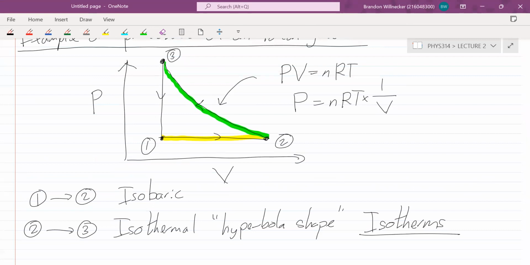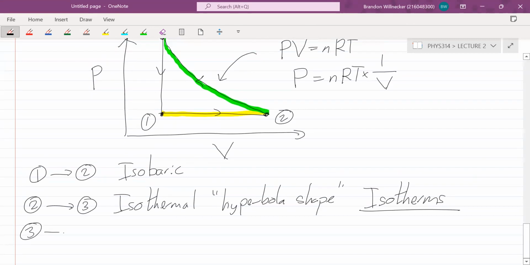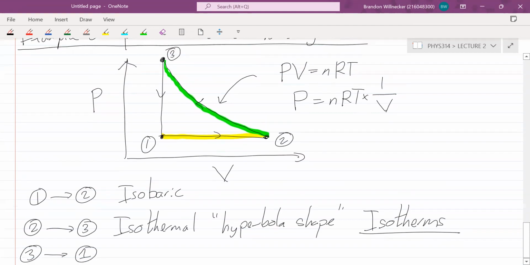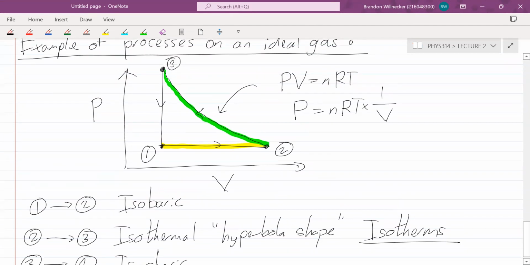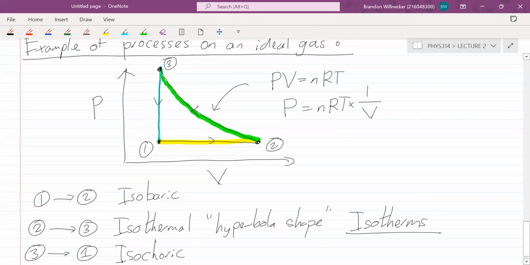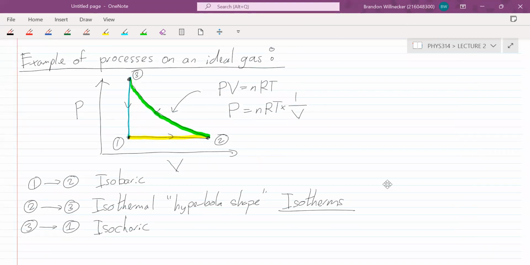And lastly, 3 down to 1. We see that volume is constant, so that's going to be isochoric. So that is from 3 down to 1. That's a little summary of labeling the different thermodynamic processes.